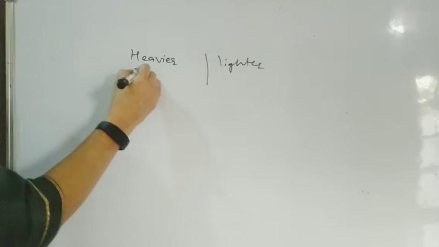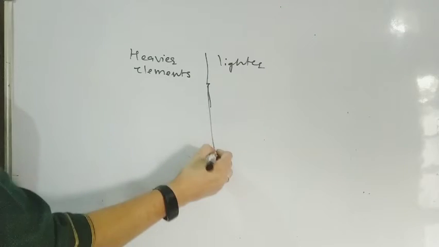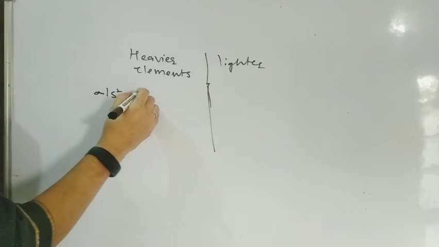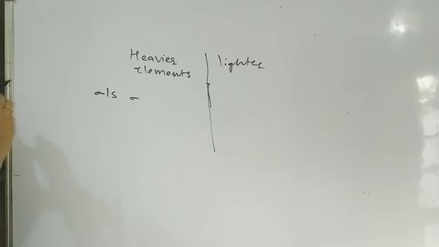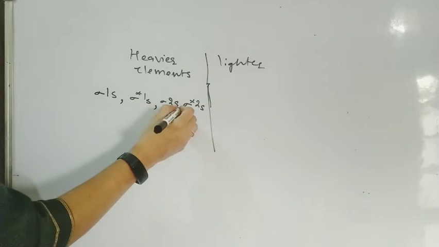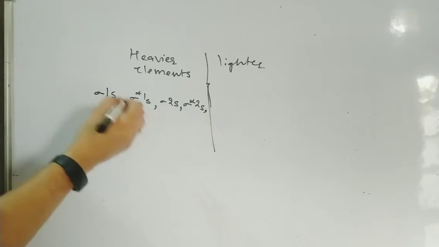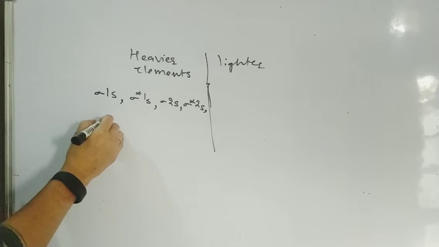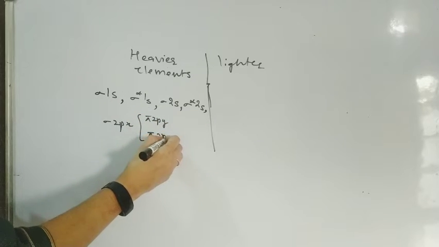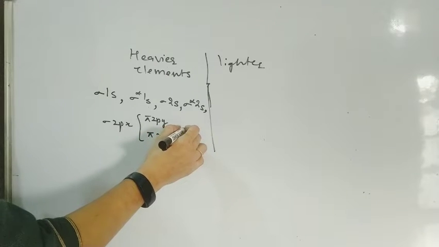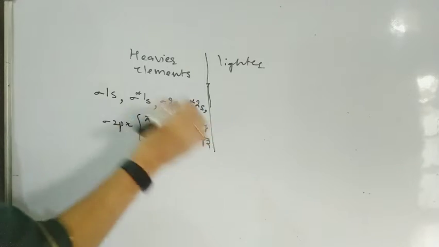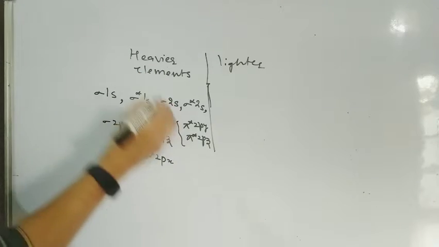The elements which are heavier have a configuration according to spectroscopic data: sigma 1s2, sigma star 1s2, sigma 2s2, sigma star 2s2, and then in the case of oxygen we have sigma 2px, pi 2py, pi 2pz, and then pi star 2py, pi star 2pz, and sigma star 2px.